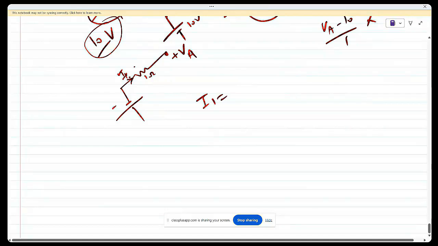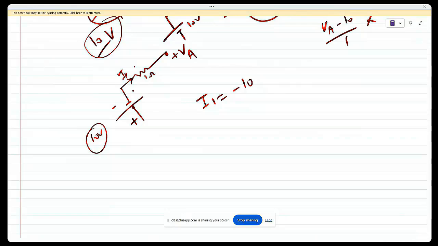So earlier, when it was connected in the reverse manner, means the current was originating from the plus terminal, this 10 volt had the positive sign. Now here the 10 volt has the negative sign, because it is violating the rule of the battery. The current is coming from the negative terminal. What is the standard case? Current should come from the positive terminal. So the battery is connected in reverse manner.